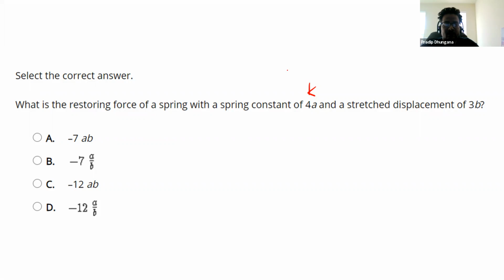That is k is equal to 4a. Restoring force is F. And stress displacement of 3b, that is x. And we can calculate restoring force using the formula F is equal to negative k times x. Use that formula and try to calculate restoring force and answer through the poll. Let me launch the poll again. Take your time, do it slowly.